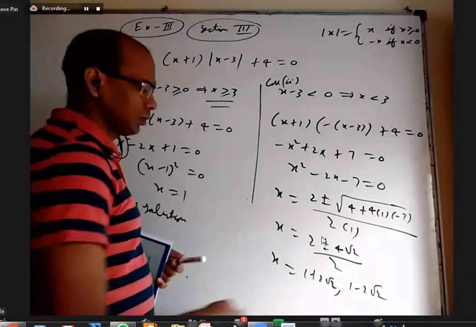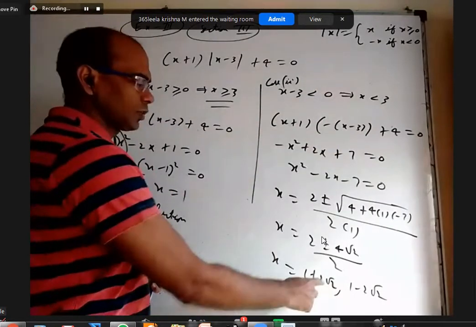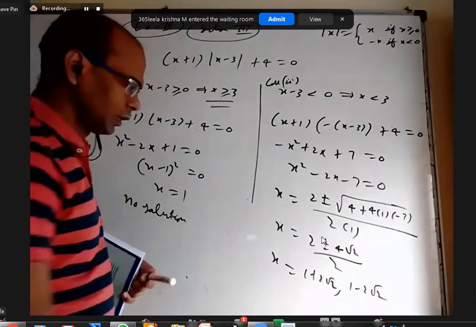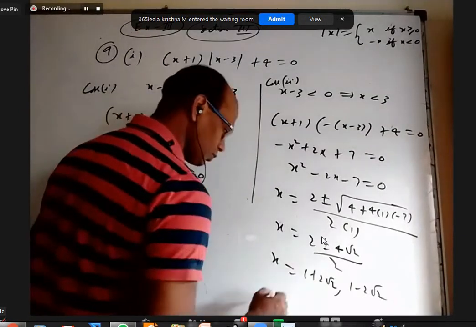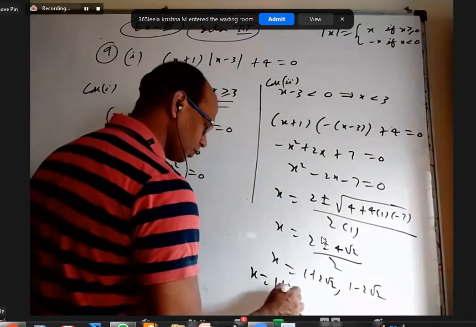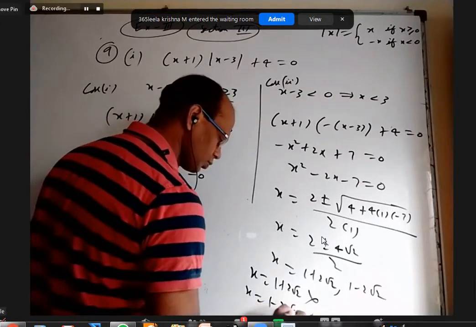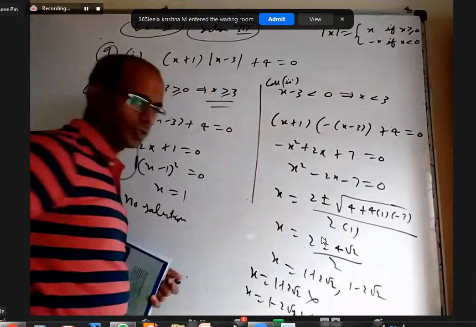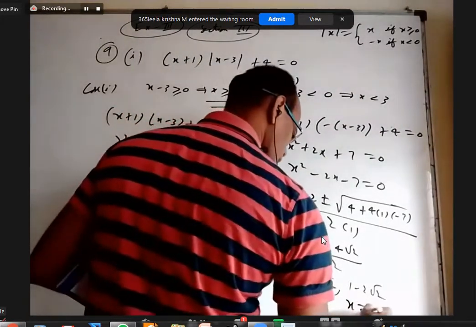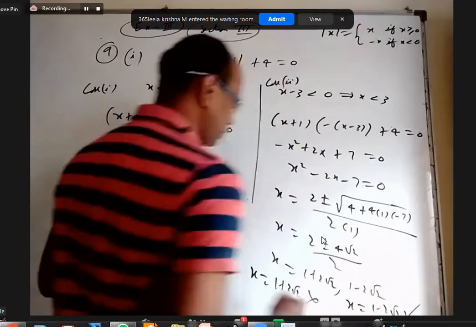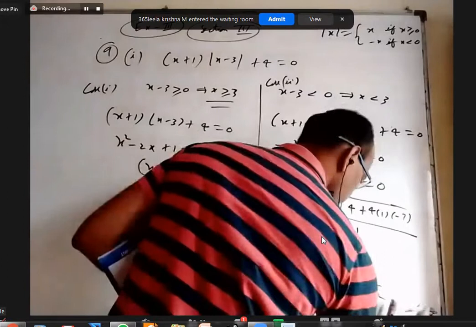In that, 1 plus 2 root 2 is not okay because it will be more than 3, because root 2 is 1.414, 2 times that is 2.828, so 3.828 is more than 3. So x equal to 1 plus 2 root 2 is not okay. x equal to 1 minus 2 root 2 is okay because it belongs to this case. So finally, we got only one solution, which is 1 minus 2 root 2.